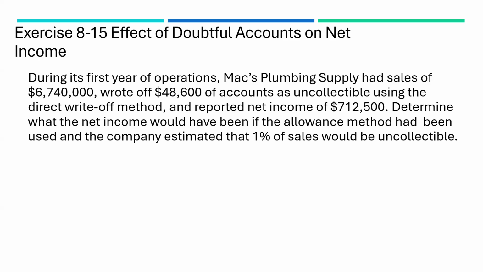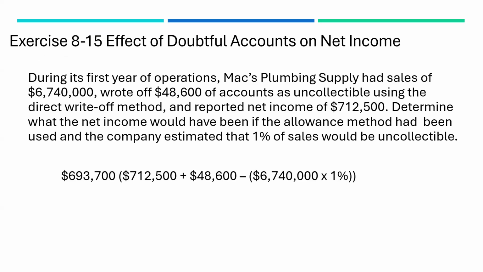We'd have to add back the direct write-offs because those are not done in the allowance method. Those don't impact net income under the allowance method, but they do under the direct method. So we add back the 48,600, and then we subtract the amount that was actually taken away, and then we get 693,700 as our new net income.